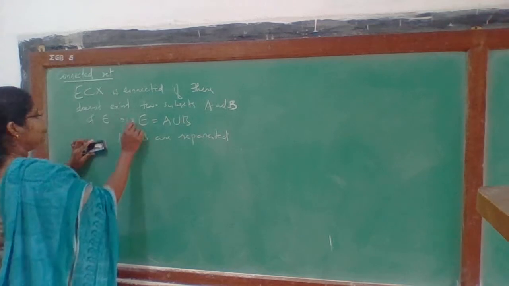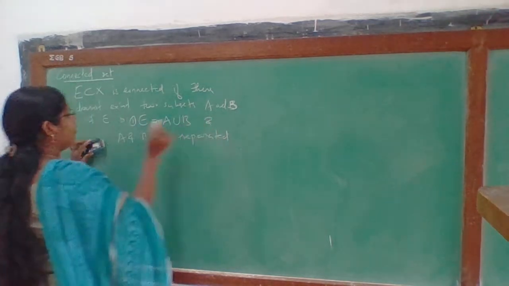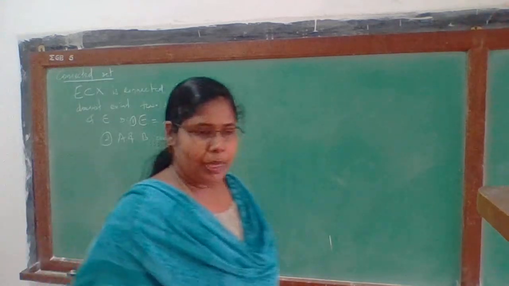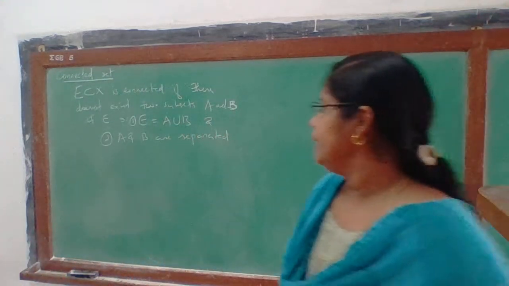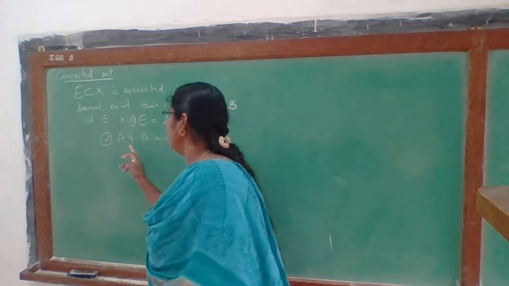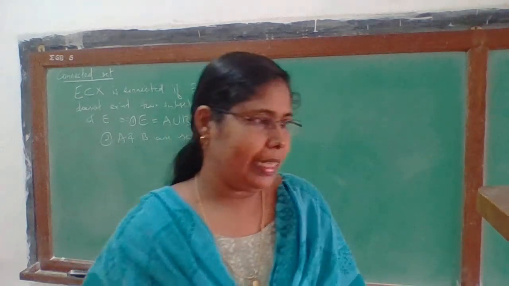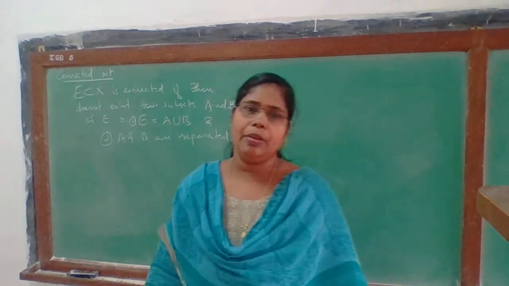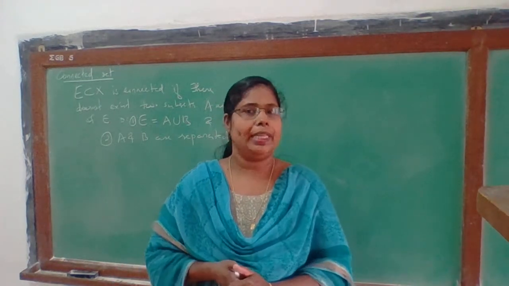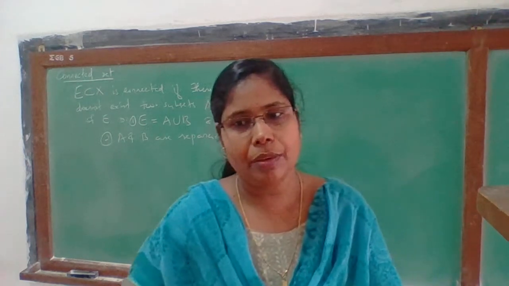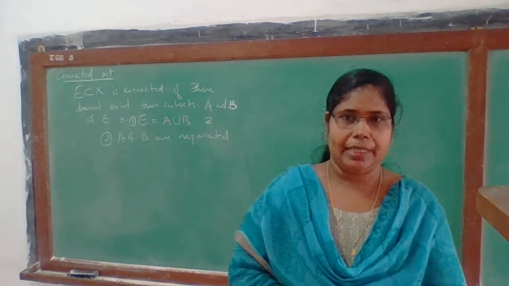So these are the two conditions. In other words, a set is connected if it is not the union of any two separated sets. If it cannot be written as a union of two separated sets.